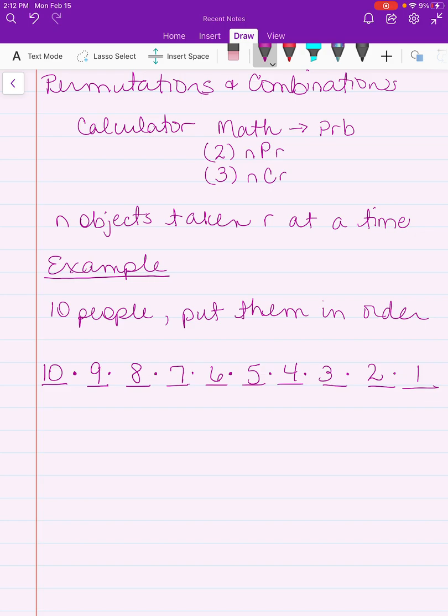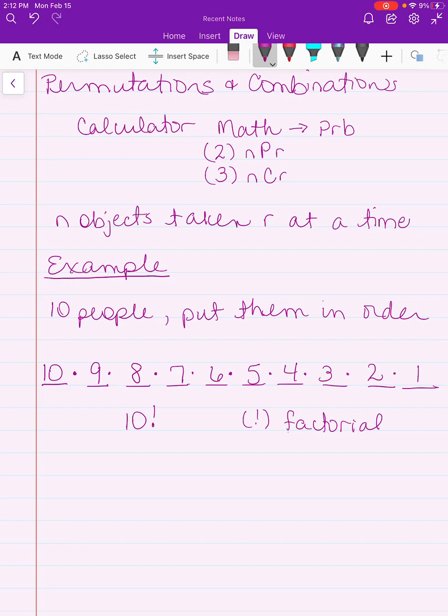So this is kind of like the fundamental counting principle. There are 10 options for the first level, 9 options for the second, and so forth. The way this is multiplied out, another way to look at it is 10 factorial. This exclamation point means factorial.